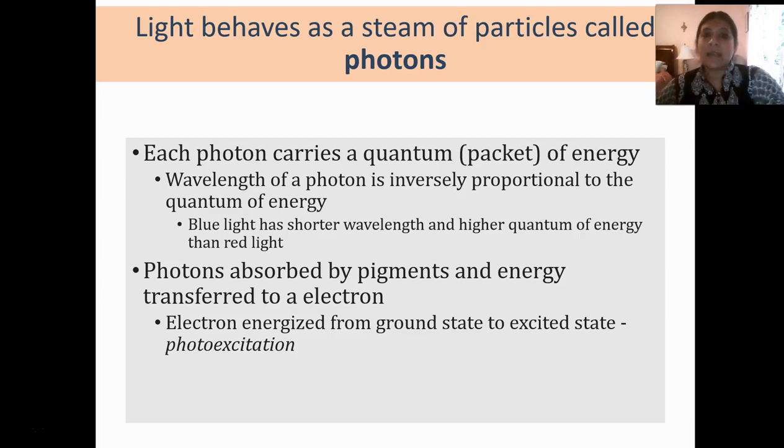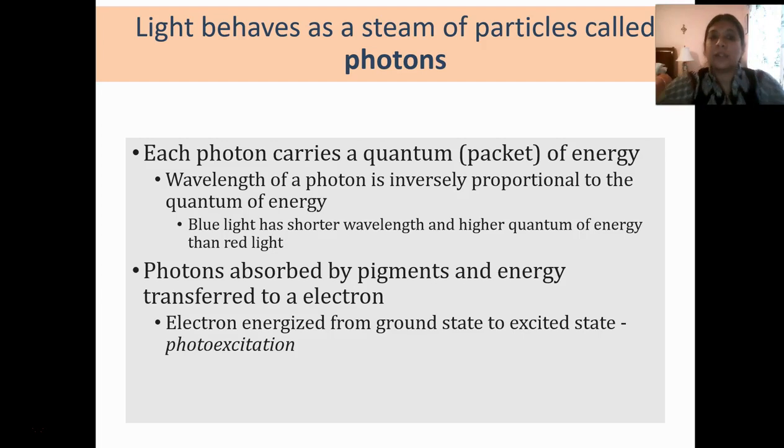In this case, light that you are taking in from the sun behaves essentially as a stream of photons taken into the thylakoid membranes. And each photon basically contains what we would call a quantum of energy. It's just a small unit of energy.